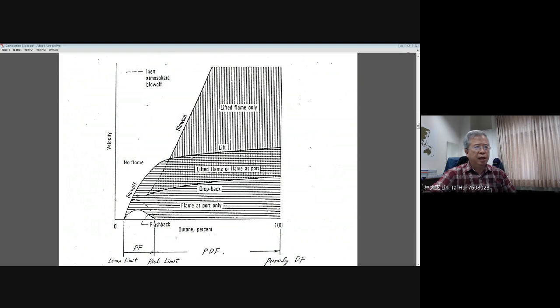Okay, and this is the boundary for the blow-off region. In the lean case, the blow-off is simply influenced by the balance of the flame speed, or premixed flame speed, with the flow velocity. But for the rich condition, the extent of blow-off is not just controlled by the balance of flame speed and flow velocity.